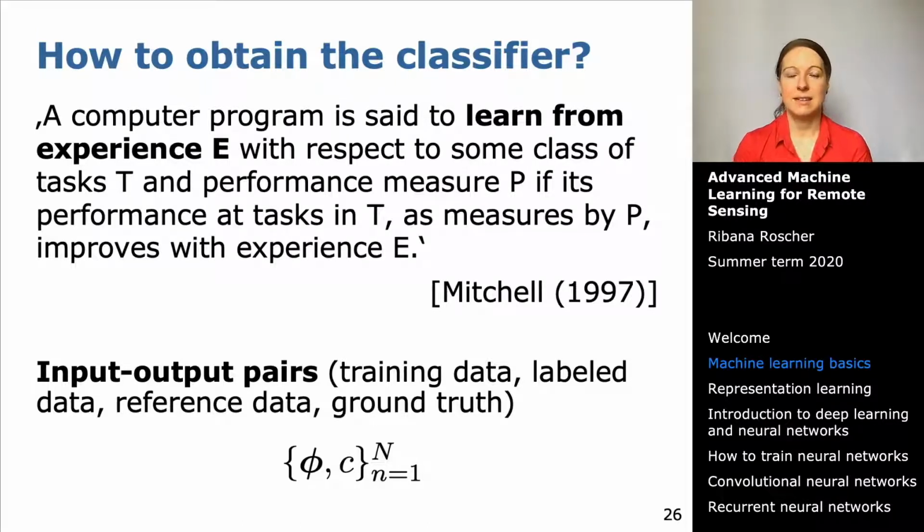And as I said before, these class labels need to be predefined by you. These input-output pairs are also called training data or labeled data, reference data, or ground truth. It's all the same. Be careful when you talk about ground truth, because this is not really a true view. This is not something which is existent. It's more like that someone defined a reference and you can refer to this.